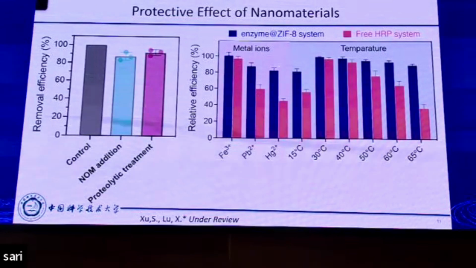So we also demonstrate that in the presence of metal ions, if you encapsulate the enzyme inside the nanoparticles, it can still retain its performance, whereas the free enzyme quickly loses its performance. We also evaluate the temperature effect, and we can see that the encapsulation also enhances its stability within the nanomaterials. So this generally shows that these nanomaterials provide a shielding effect for the enzyme catalytic reaction.